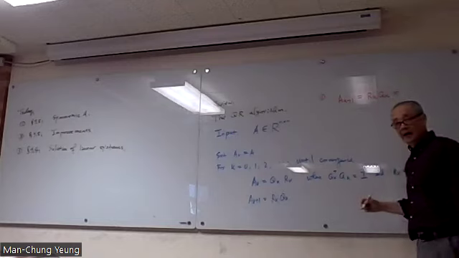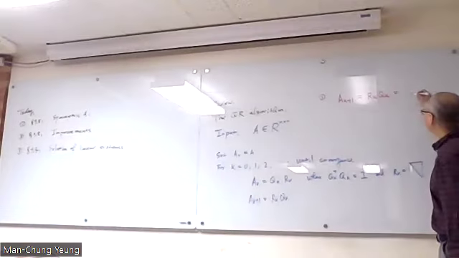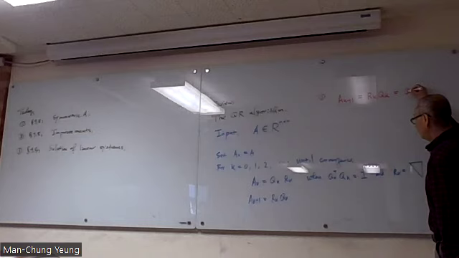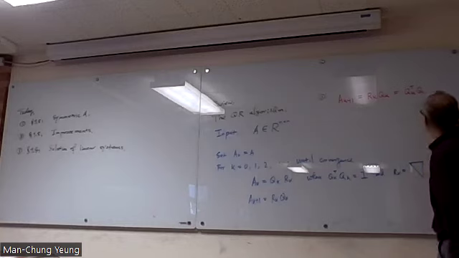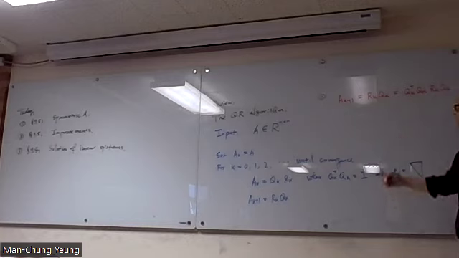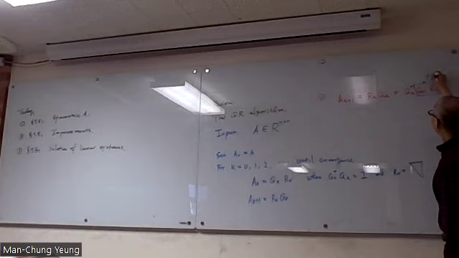Since Q is orthogonal, this equals Qk transpose times Qk Rk times Qk, because Q transpose times Q is the identity matrix.